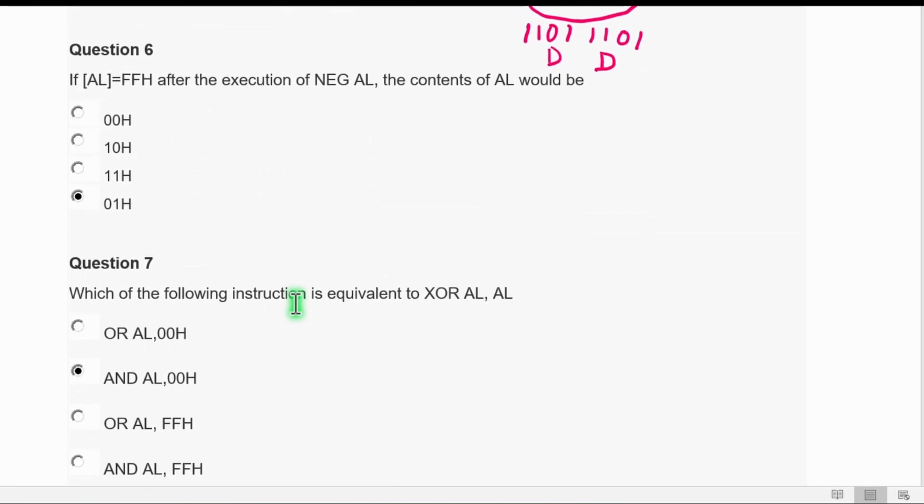Question 6. If AL is FFH, after the execution of negate AL, the contents of AL would be, actually this instruction is negate. Negate will take the 2's complement of AL. So AL contains FF, that means 1, 1, 1, 1, 1, 1, 1, 1.